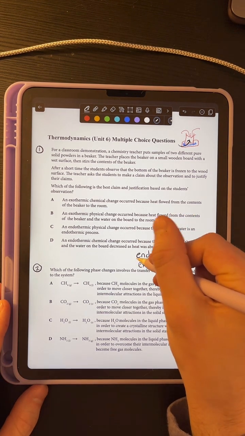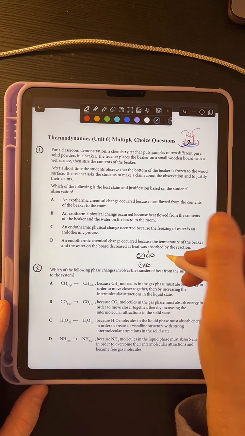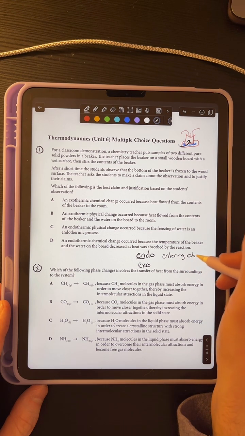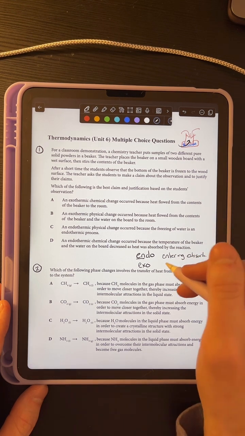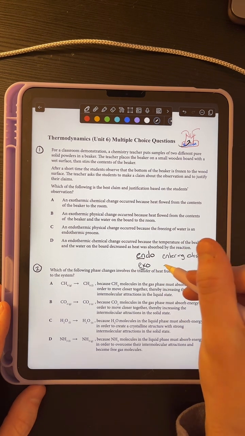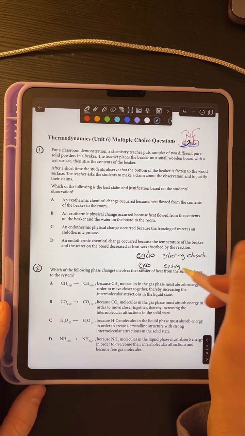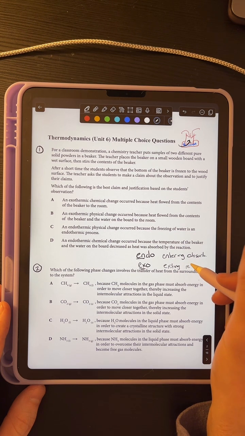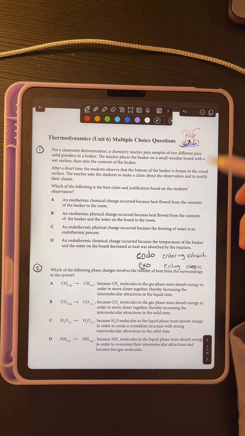Endo, we can think of as enter, the EN right there. So heat would be entering. This is where we are absorbing our heat. Where exo, we can think of like exit. So we have exiting or releasing heat. And I'll put release here, if I can even spell.